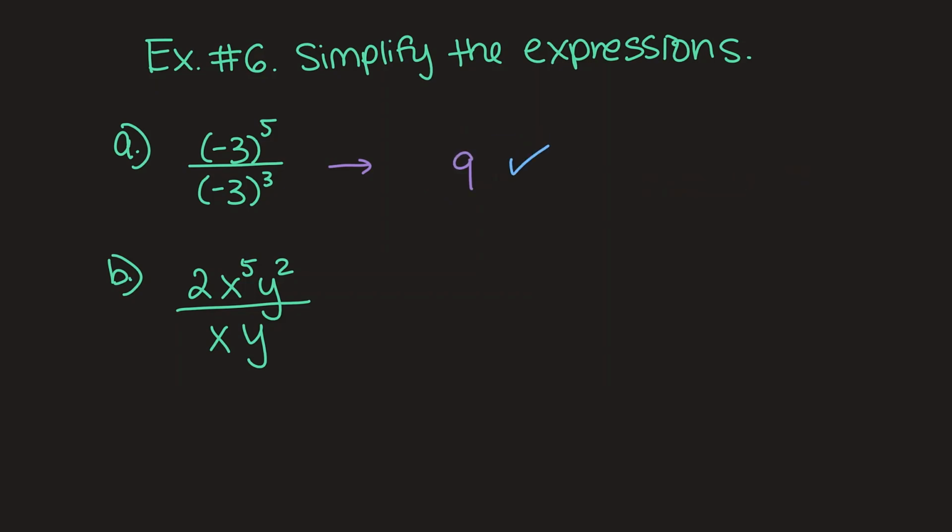For the second expression, we can use the quotient rule on the common base of x and the common base of y. Subtract the exponents for x and y, and this simplifies to 2x to the 4th, y to the 1st, which is the same as 2x to the 4th, y.